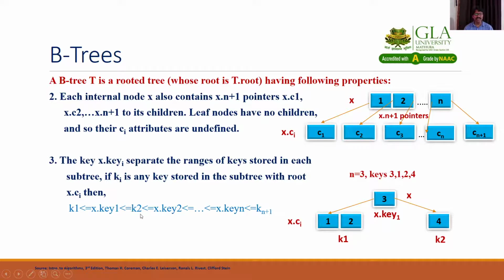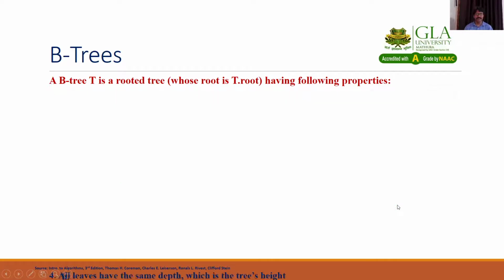And K2 are the larger keys that are coming to insert in the tree, so these K2 will go to the right side of X dot key 1. This is the simple property that will help to divide your elements into two subtrees.